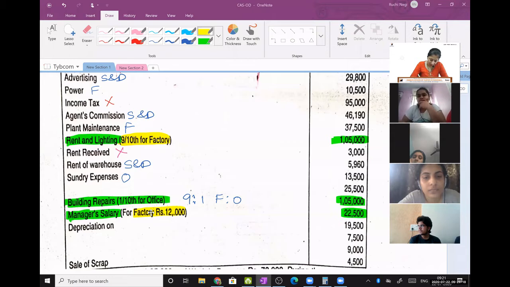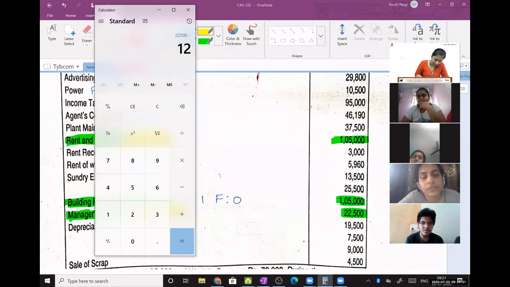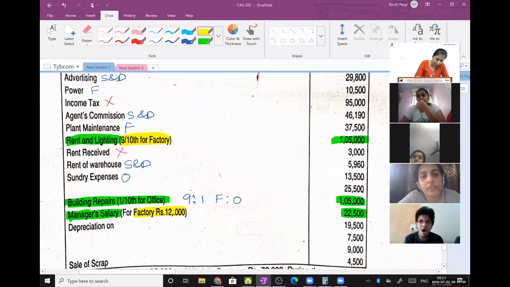Very good, students. Balance will go to office. Okay. So 22,500 minus 12,000 comes to 10,500. Yeah, right calculation. Clear? So 10,500 will go to office.